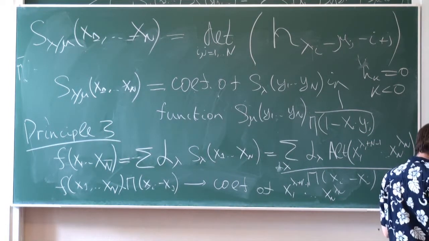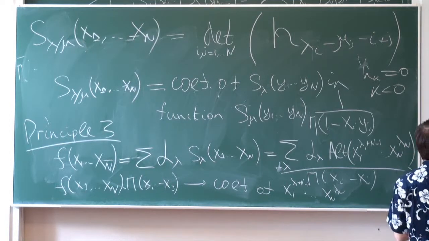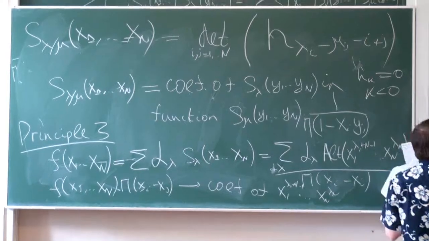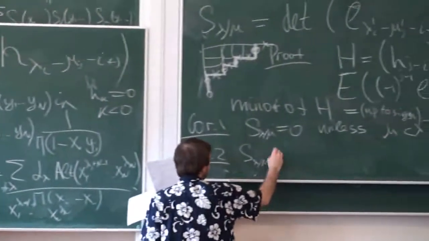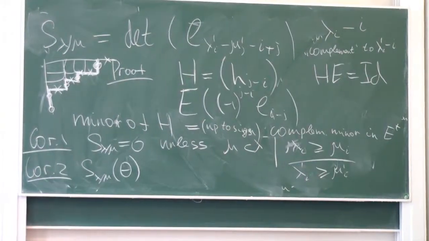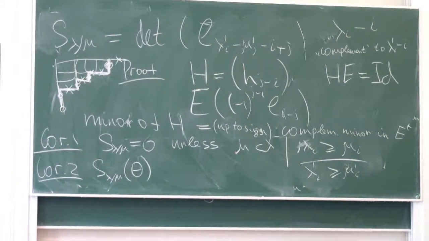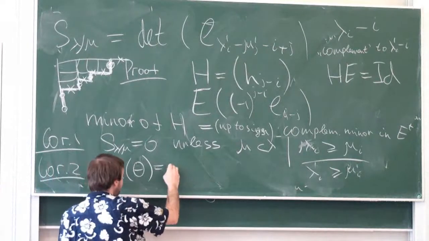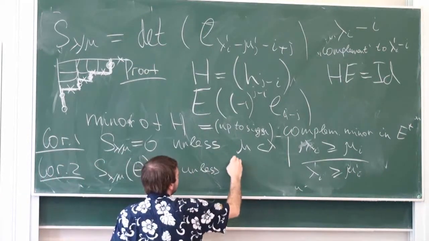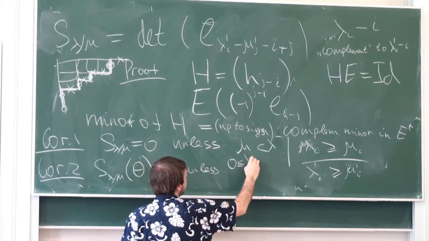Now corollary 2 is the following: if we evaluate now in only one variable, so all variables except for one are zeros, and we evaluate at one variable, then this is 0 unless we have the following inequalities.